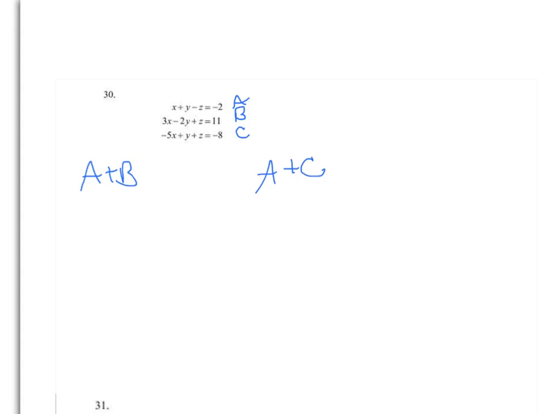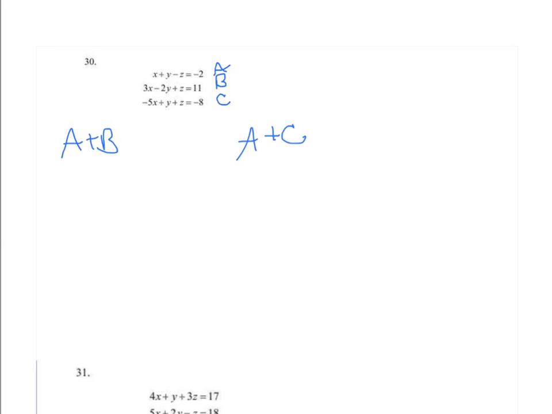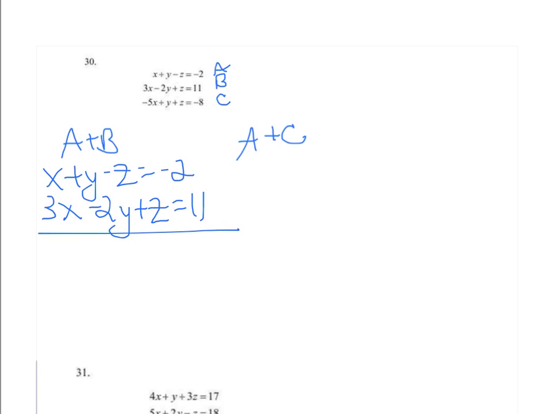So if I take equation A plus B, the z's will cancel to 0. And if we take equations A plus C, the z's will cancel to 0. So for the first pair, x plus y minus z equals negative 2. So when we add them together, we get 4x minus y equals 9.